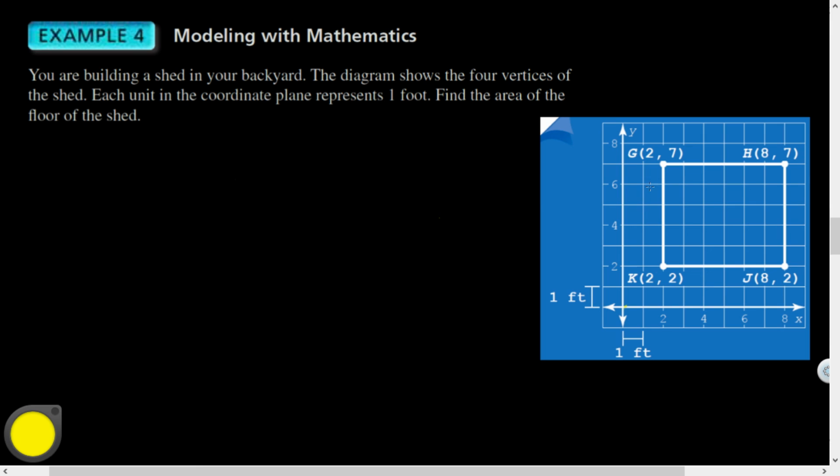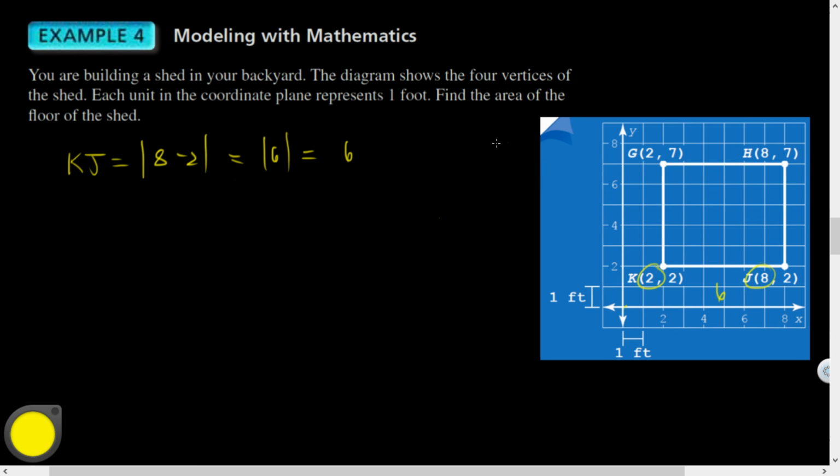It's too easy. Let's see, if I need the area, let's find KJ, the distance. Those are horizontally oriented to each other, so I'm just going to do the absolute value of 8 minus 2, which is the absolute value of 6. So that's 6.